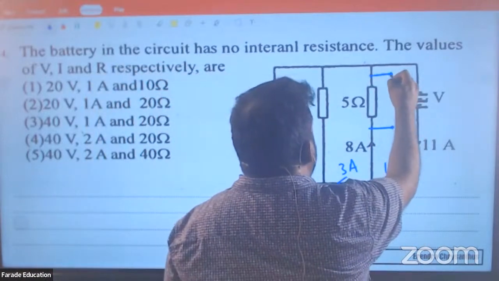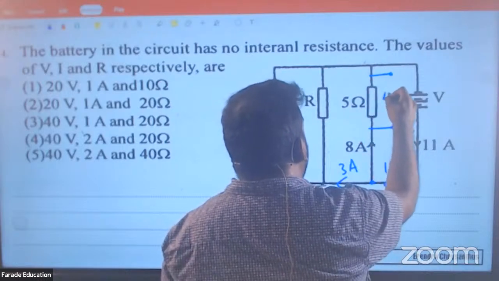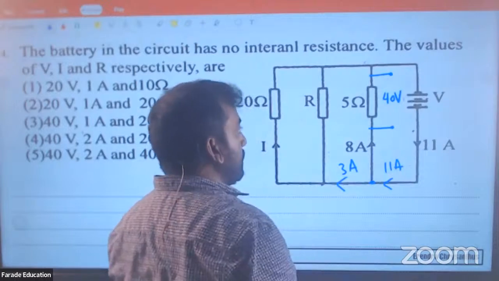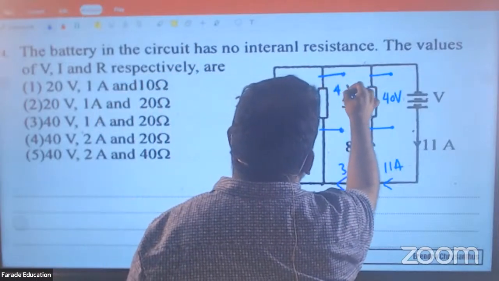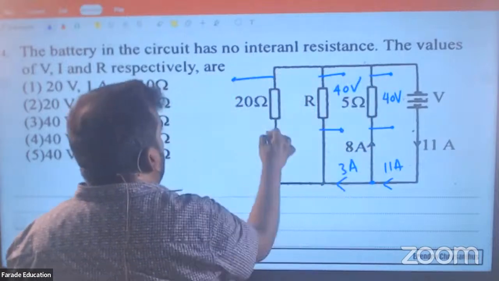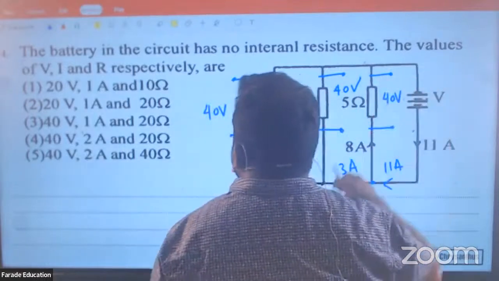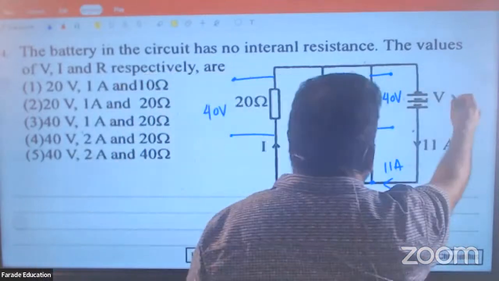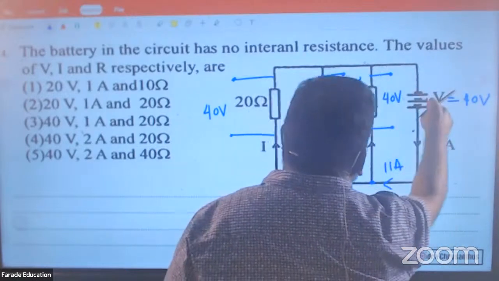So if I take the potential difference V equal to I times R, it is 40 volts. So here also it will be 40 volts. Here also it will be 40 volts. And here voltage will also be 40 volts. All are 40. Who is supplying this?